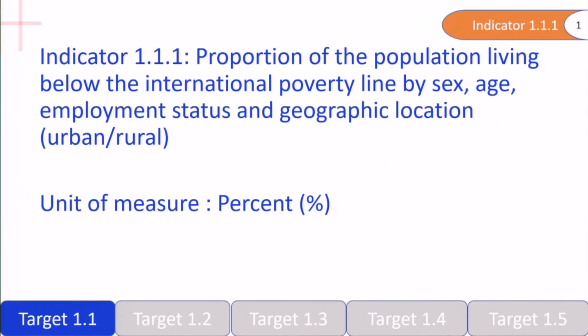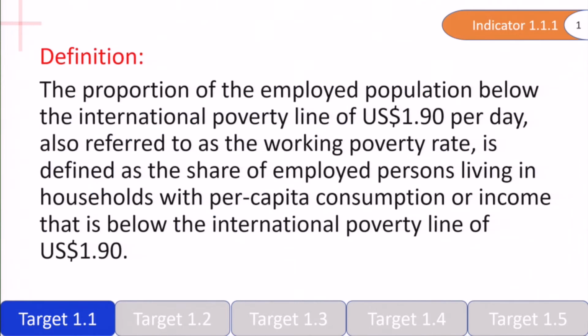The first indicator is indicator 1.1.1, which says proportion of population living below the international poverty line, measured by age, by sex, by employment status and geographical location. The unit of measure for this indicator is percentage.